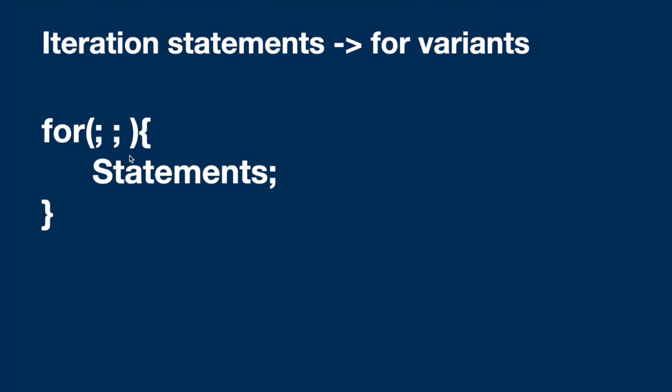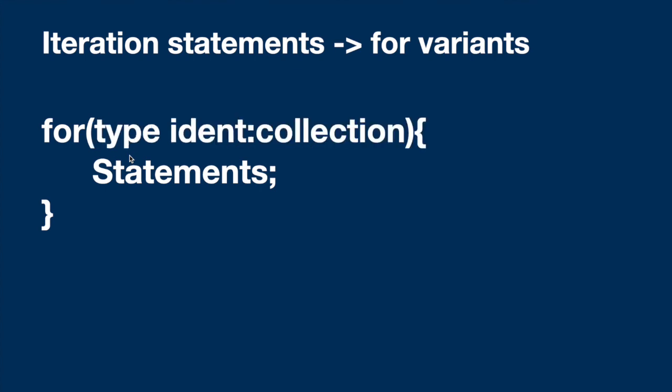The other variant of for loops is the for each loop. It's sometimes called for each, but it's stated as for with parentheses. Type, this is a data type, and you give it a name, and you'll have a collection. This is usually arrays, but it can be lists and so on. But the type of this collection and this one should be the same.